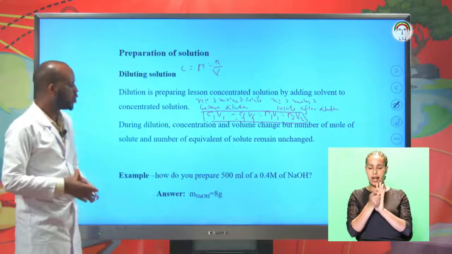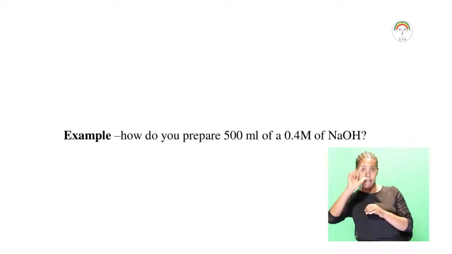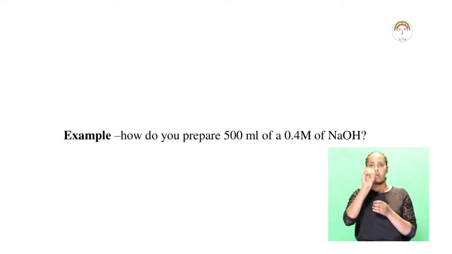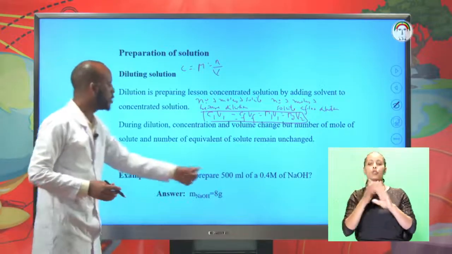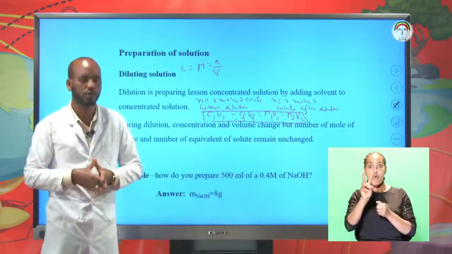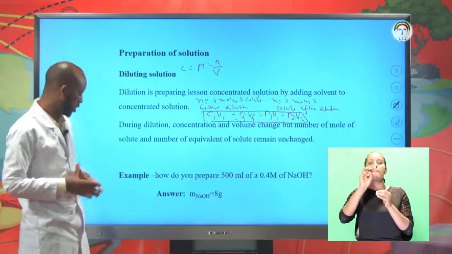Example: how do you prepare 500 milliliter of a 0.4 molar sodium hydroxide? What is given? Molarity of the solution and volume of the solution are given. You are asked to calculate the mass of the solid.